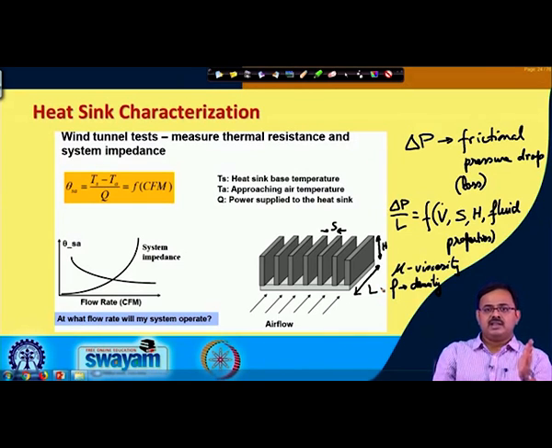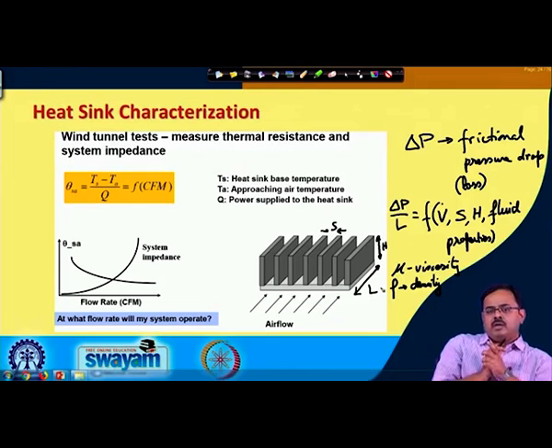In an electrical circuit, the driving force is the voltage difference or the potential difference, and what flows is current. Here also the driving force is the pressure gradient, or in this case the pressure loss, okay, and what flows is fluid, volume flow rate. Okay.